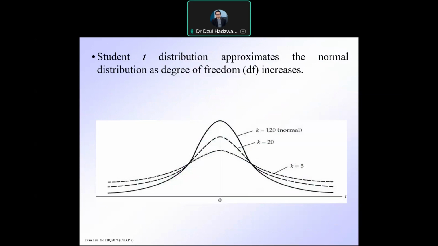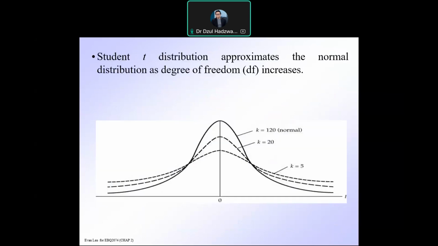When we are doing a statistical decision, the degree of freedom plays a very significant role, something you need to be concerned about.